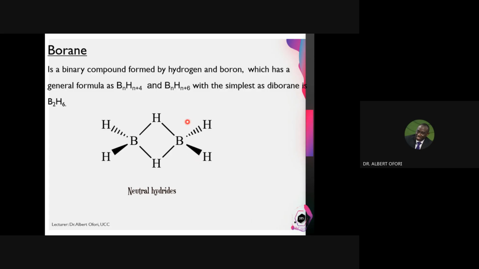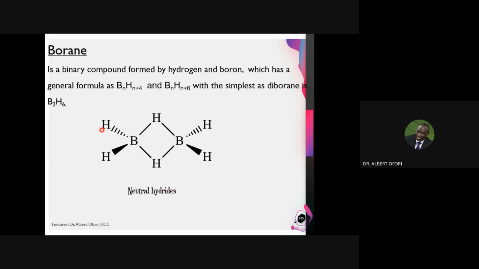Now, if you look at how the boranes are made up, you see the boron itself has only three valency, but here you can see it has formed four bonds. What we can understand here is the bonding in boranes: we have this boron and this hydrogen.